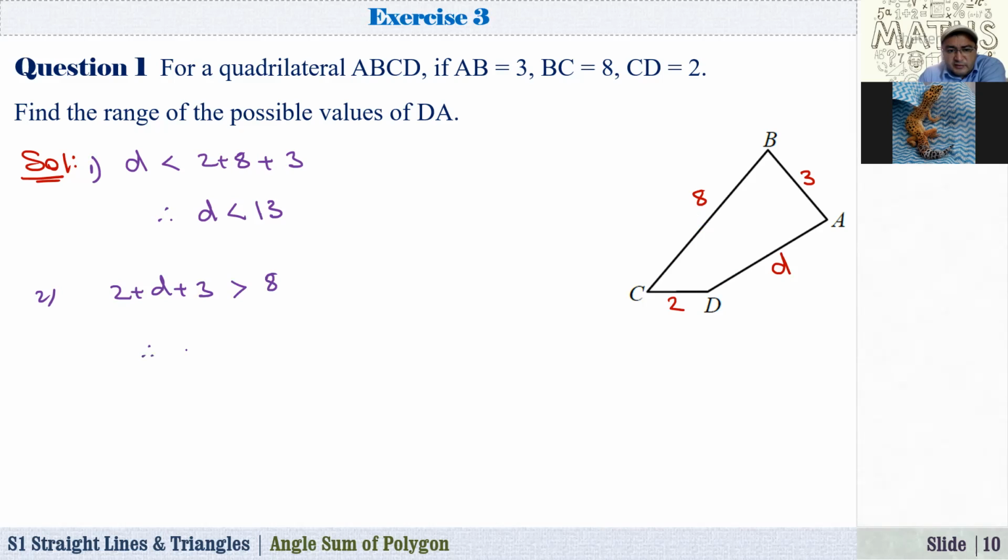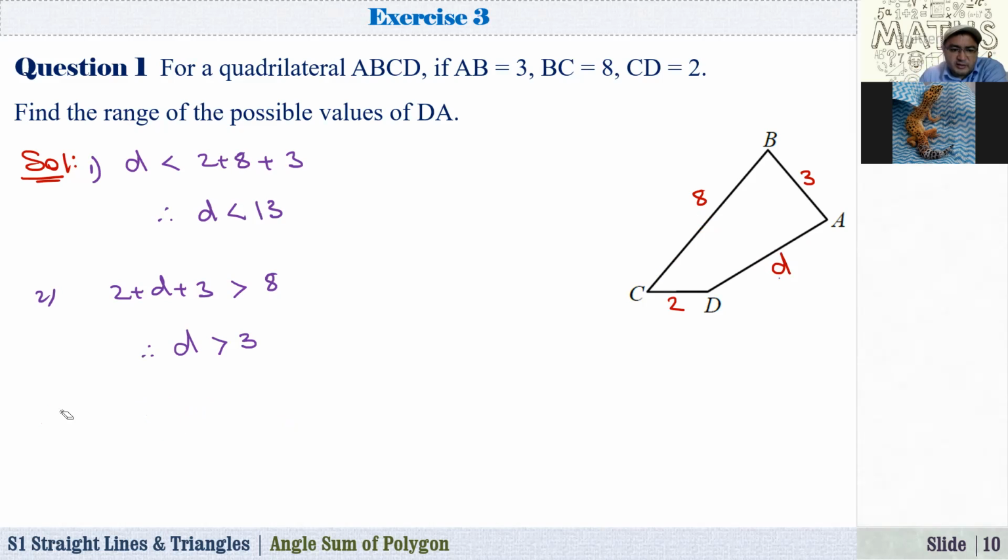If you solve this, D must be greater than 8 minus 5, so it should be greater than 3. And how about if you pick other sides, for example D, 8, 3? D plus 8 plus 3 is greater than 2. It's always greater than 2 because here we have 8. So the others don't change anything.